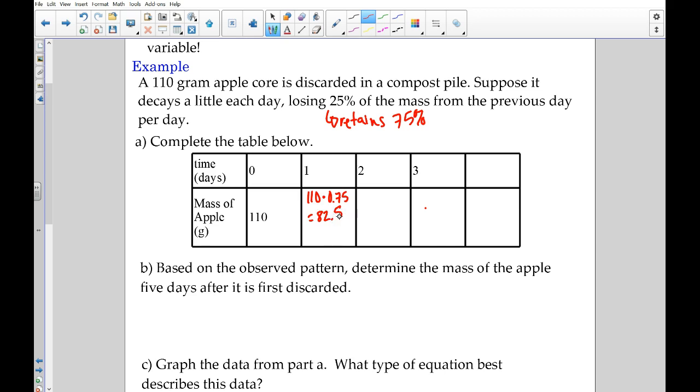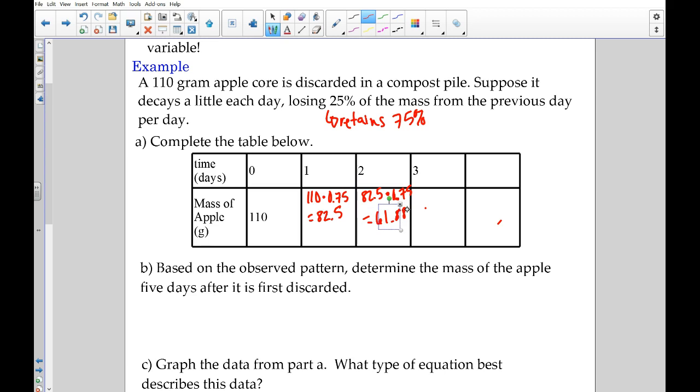To get day 2, it still retains 75%, so you would take 75% of this: 82.5 times 0.75, as a decimal, and you end up getting 61.88 if you round.